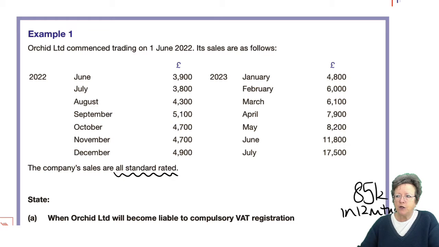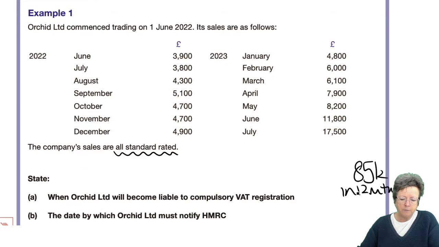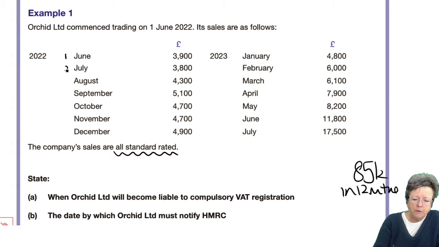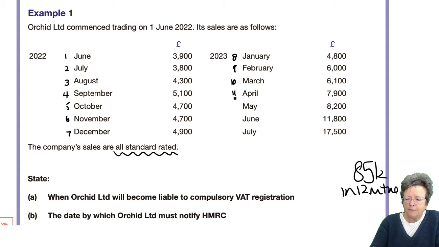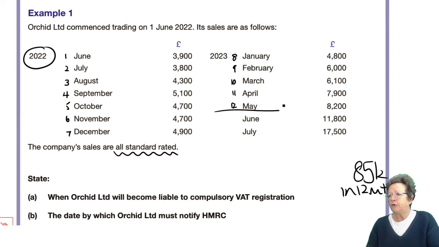So if we start here and start to add up, that's month 1, 2, 3, 4, 5, 6, 7, 8, 9, 10, 11, 12. From June 22 up to May 23, that is 12 months.